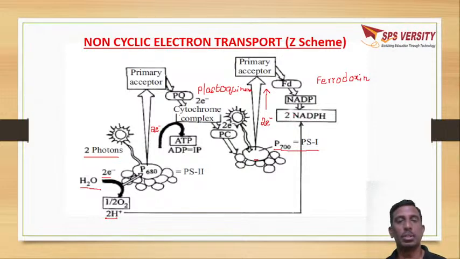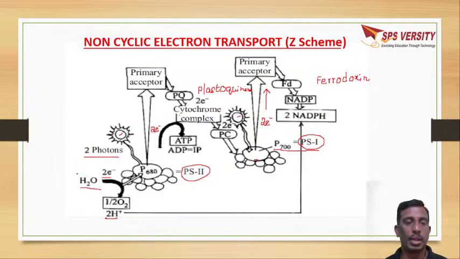तो इसमें नॉन साइक्लिक में PS2 और PS1 both are involved and both get excited by photons. और इधर photolysis of water takes place, that is nothing but splitting of water. और इसमें ATP और NADPH दोनों सिंथेसाइज होता है.